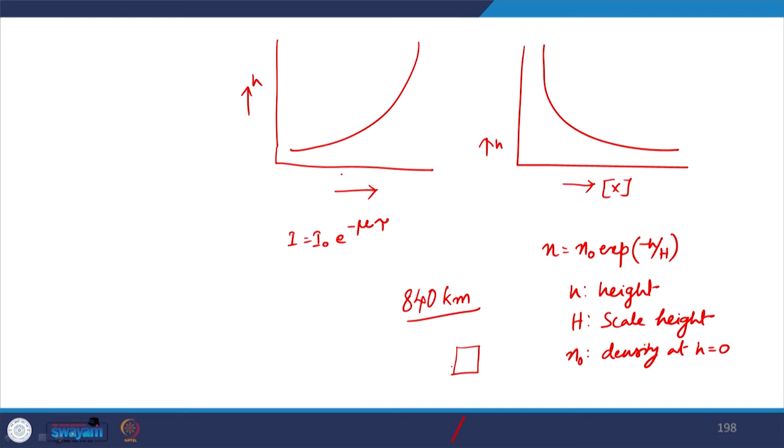So what I am trying to say is, at these heights, the density of photons, or the amount of energy available as it enters the Earth's atmosphere, is very high. As the radiation travels towards the surface, we have already seen that not all of it is relevant for the atmospheric species. Not all the spectral bands are relevant.